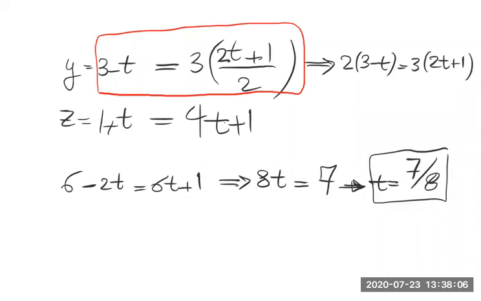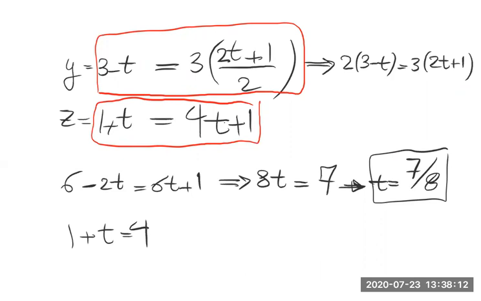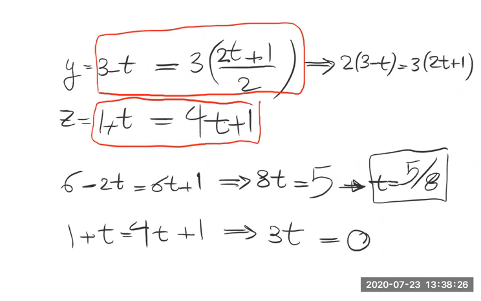Now let's look at the second equation. 1 plus t should be 4t plus 1. Therefore, 3t, oh yeah, fine. It's not minus 1, thank you. Therefore, 3t should be equal to 0, which means t is 0.